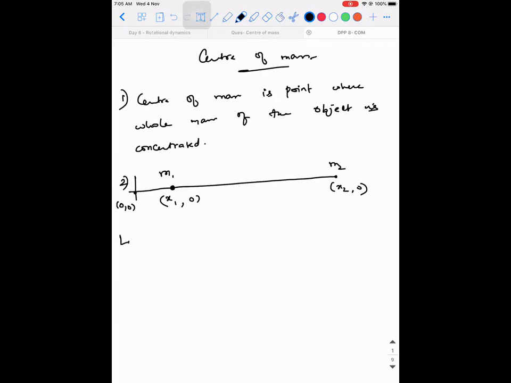So if I ask you to locate the center of mass, in other words, I'm asking, what is the formula for center of mass for a two particle system which has the x coordinates as x1 and x2?